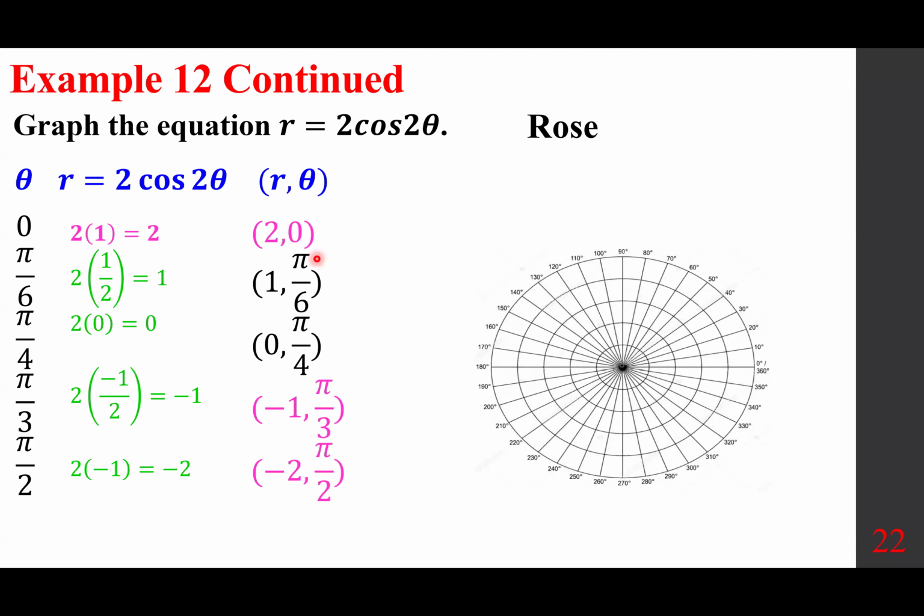2, 0, so 0 degrees or radians, and 2 tick marks, 1 and 2. 1, pi over 6, so pi over 6 is 30 degrees, and only 1 tick mark, so one of those circles, okay?